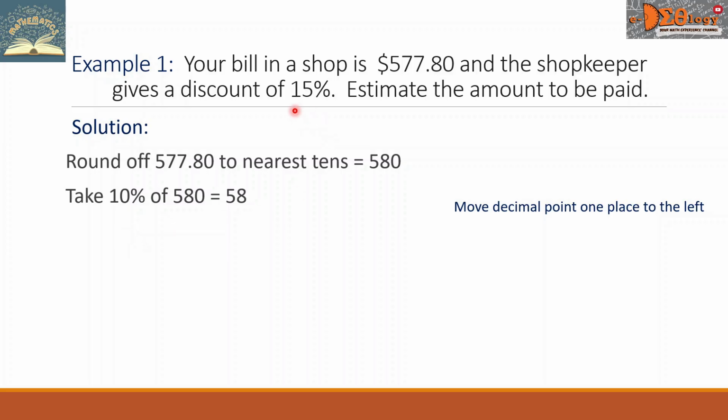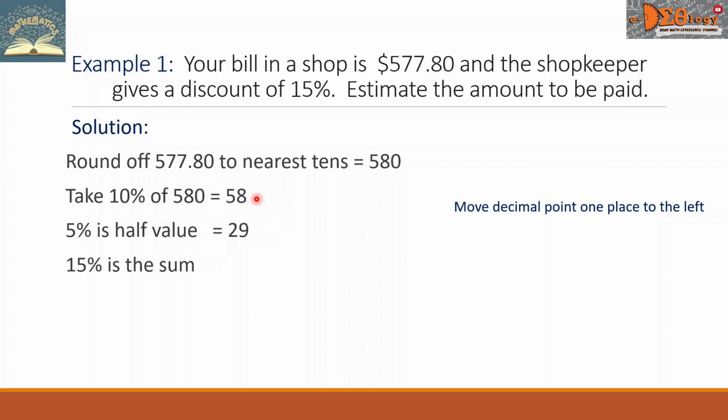In our problem here, we need the 15% discount. So, let's consider the 5%, which is half the value of this 58. So, we divide this by 2. The answer is 29. So, this is the 5% of 580. Now, the 15% is the sum of 10% and 5%.